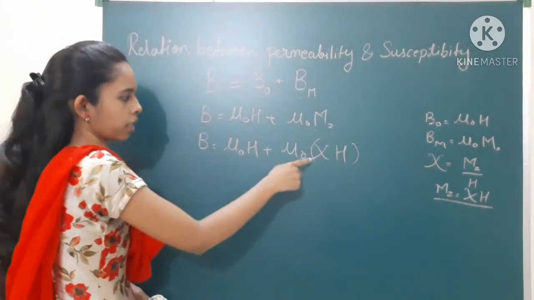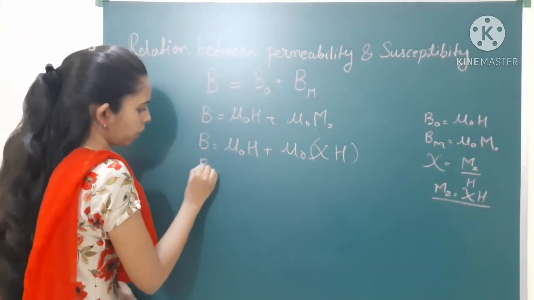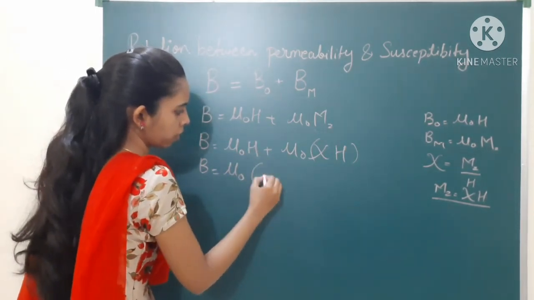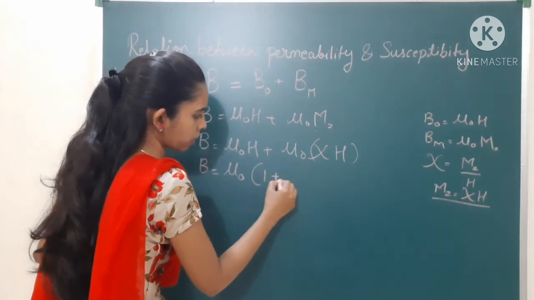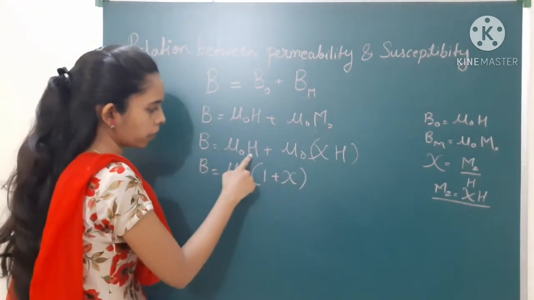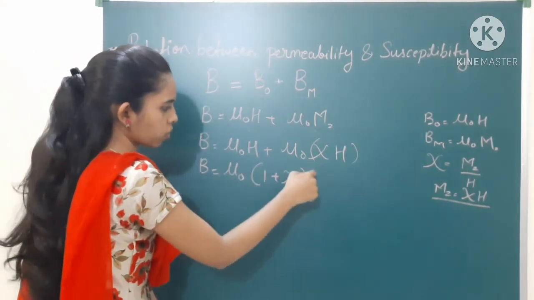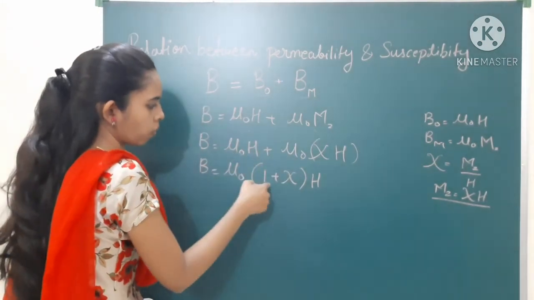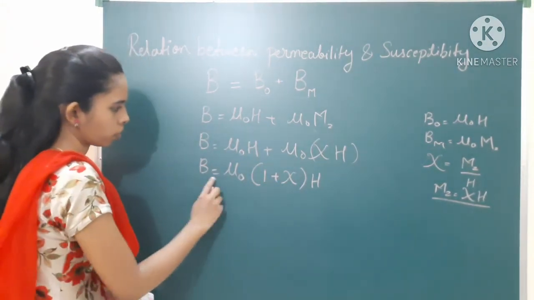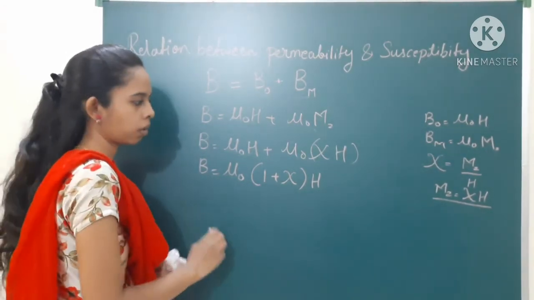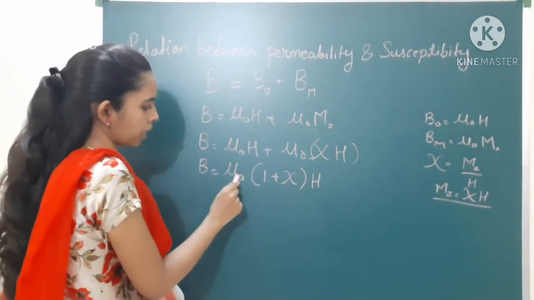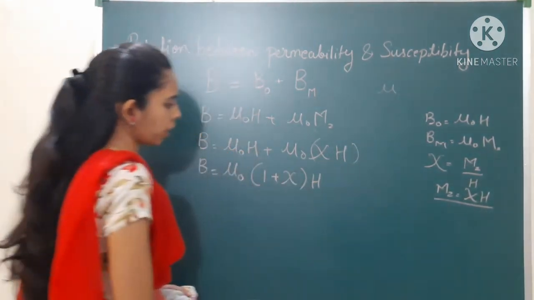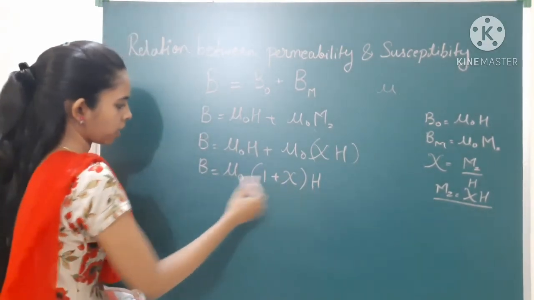Now you can see that there are common terms in this. Let us take the common terms out: mu naught H. Now it will be 1 plus Xi. How is it 1? Because mu naught came outside and H is written over here, so this whole term is common. So B is equal to mu naught H times (1 plus Xi). Now let us take this H on this side.